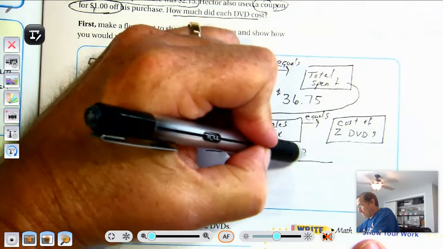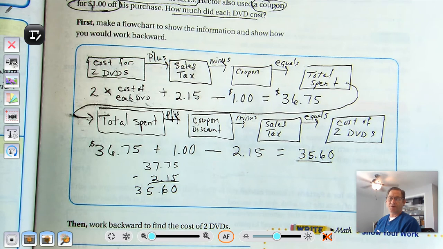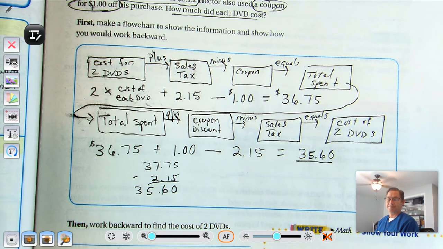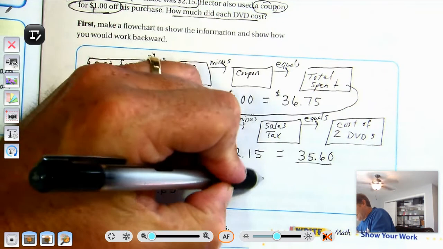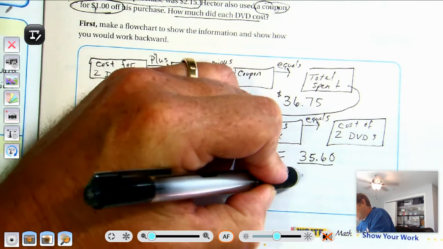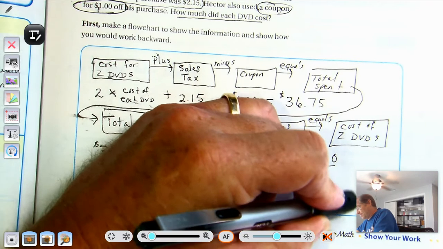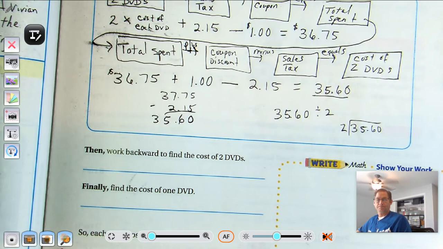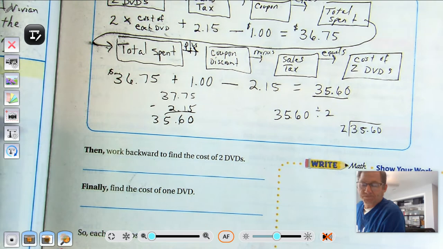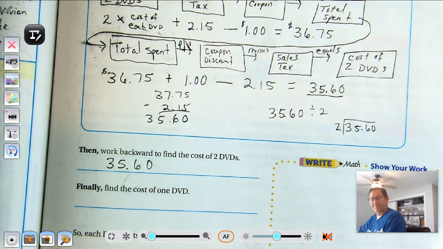So the cost of the DVDs before any sales tax and before applying any coupon was $35.60. But that was spread out over 2 DVDs. So I need to take that 3560 and divide by 2. So the cost of 2 DVDs was $35.60.